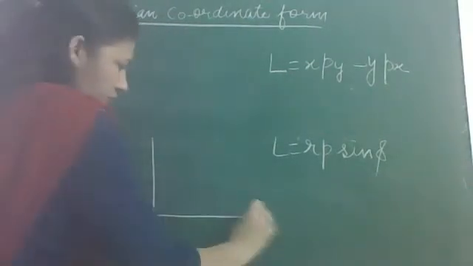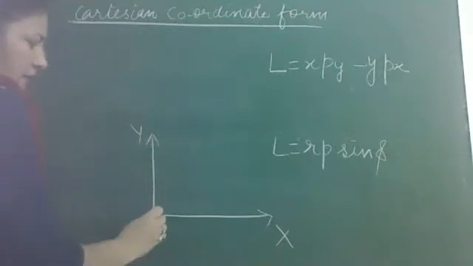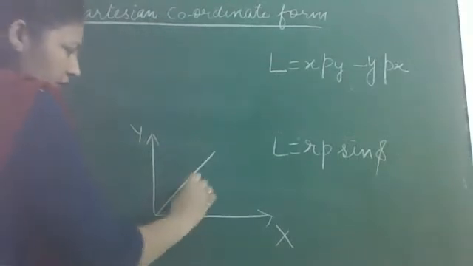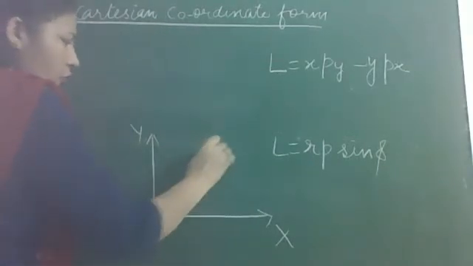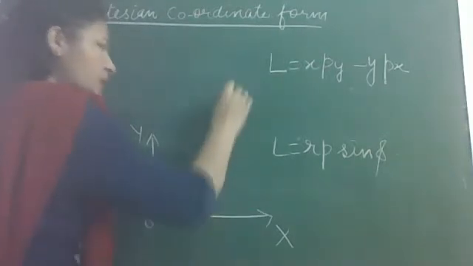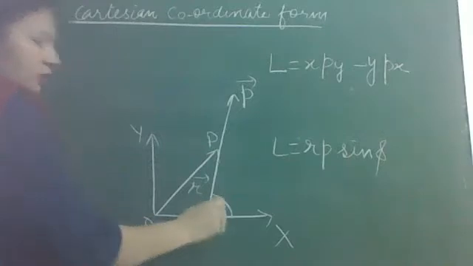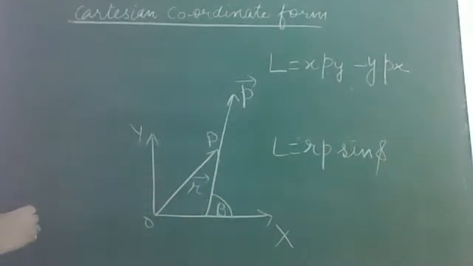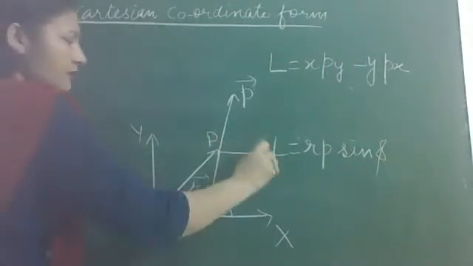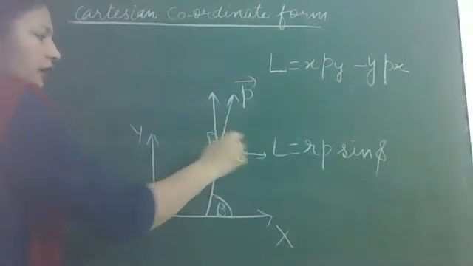Draw the x coordinate and y coordinate, and this is the position vector of any object, OP equal to r, and this is the momentum vector at an angle beta to the horizontal. When we resolve it into two components, this is beta, and this is the corresponding angle beta.